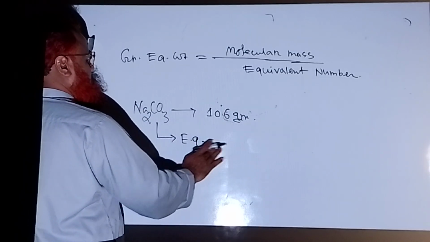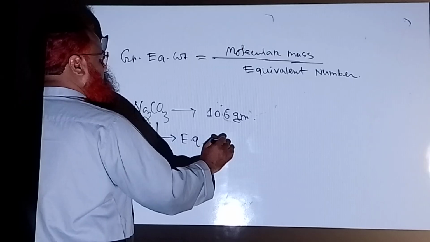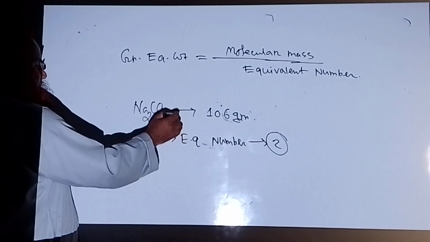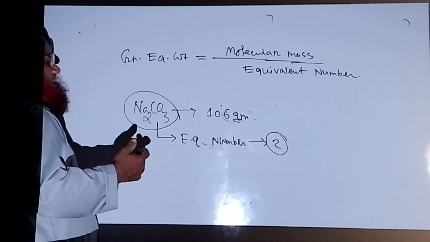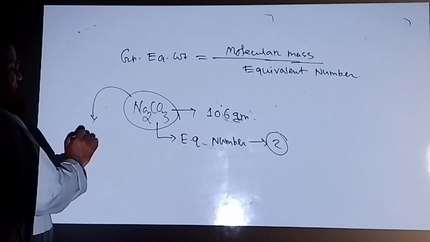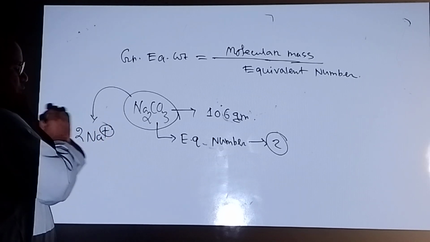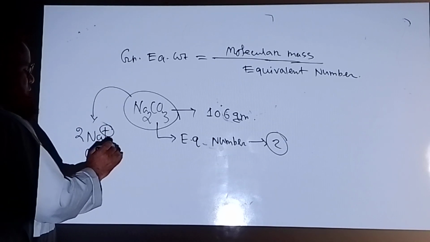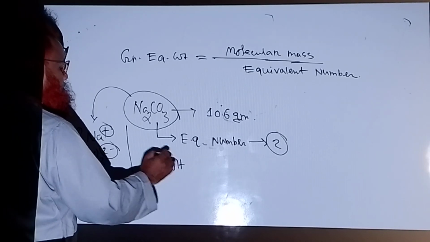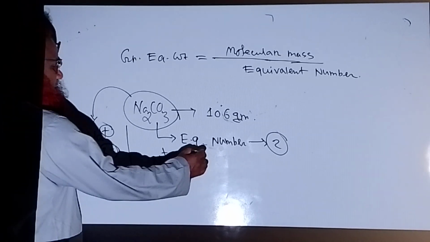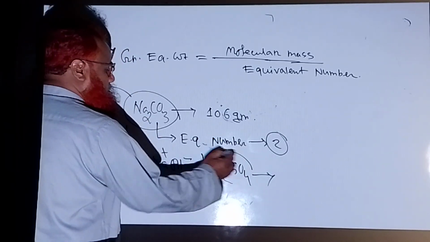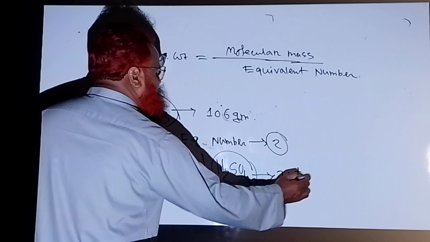Equivalent number is what? Equivalent number is 2. How? In case of sodium carbonate, acid base, we can easily do that this way. Here number of positive charge is 2, number of negative charge is 2. In case of, for example, sodium hydroxide, here plus 1 and here minus 1. In case of sulfuric acid, H2SO4, number of positive is 2, number of negative is 2.